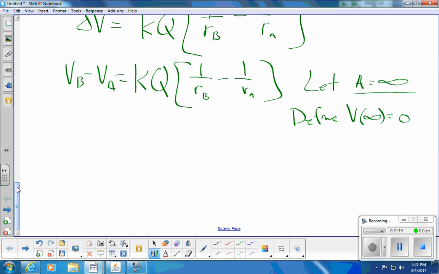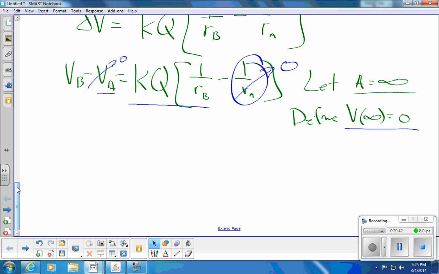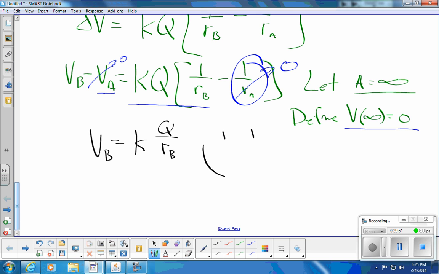Then, if I go back to my original expression, I say VB, gee, I don't know what that is, minus VA. VA is V at infinity, that's 0, equals kq times 1 over RB, that's whatever it is, minus 1 over RA. Well, I'm letting that distance be infinity. 1 over infinity, last I checked, is 0. And so I then have VB equal to kq over RB, and that makes me happy.